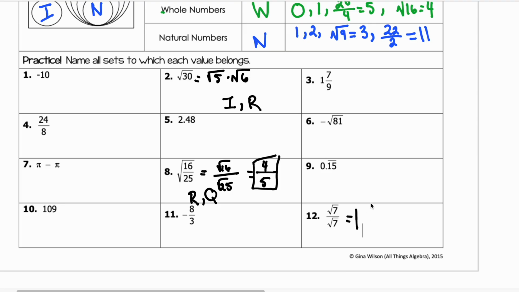So that simplifies to 1, and 1 would actually be everything. That is a natural number, so we would write N. It's a whole number. It's also an integer, a rational number, and we already established it's not irrational, because it can't be rational and irrational. And it is also R, a real number.